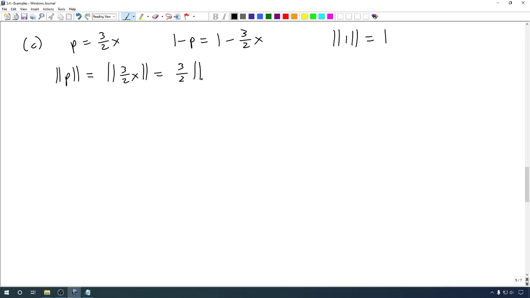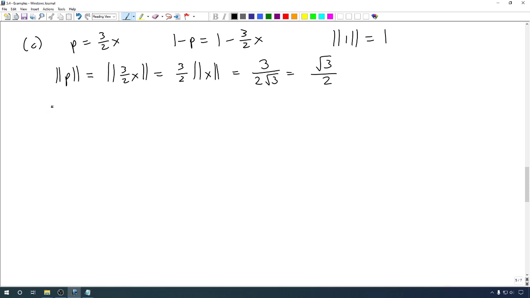We just have 3/2 times the norm of x, and we know the norm of x to be 1 over the root 3. We already figured that one out, so it will save ourselves a little bit of work here. So we have a root 3 on the bottom, which we can actually rationalize. 3 over root 3 is just root 3, so the norm of p is just root 3 over 2.